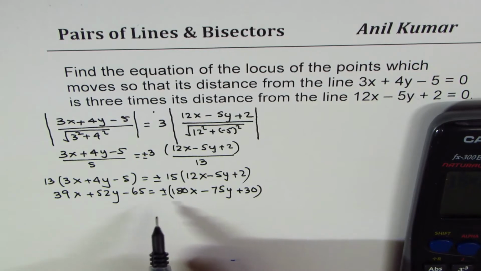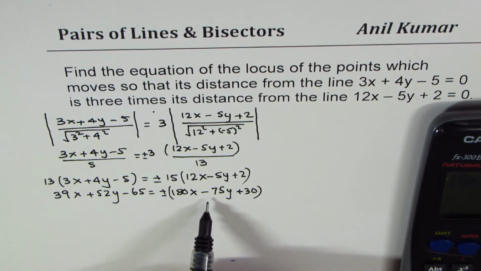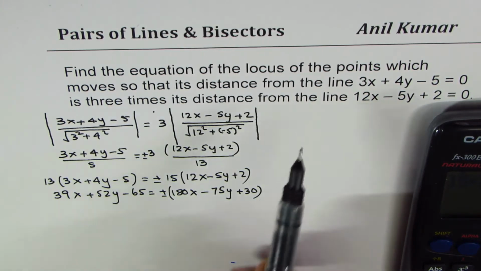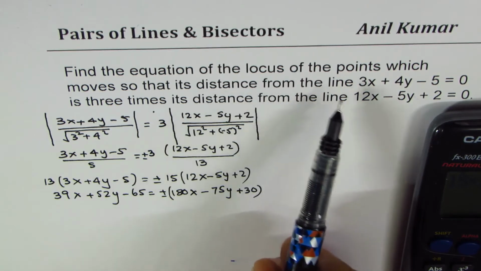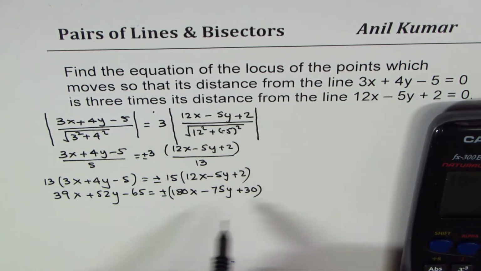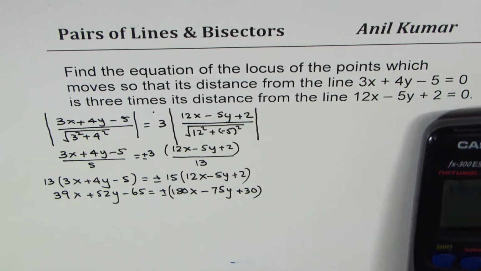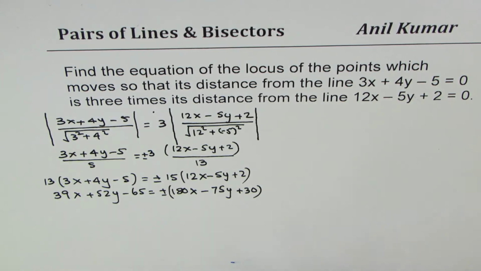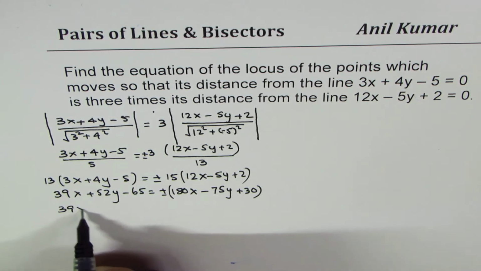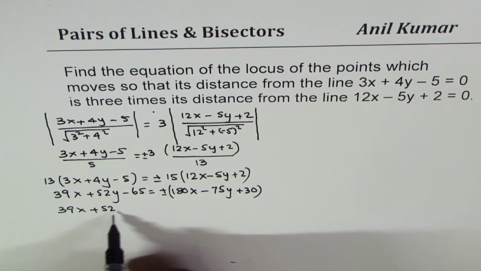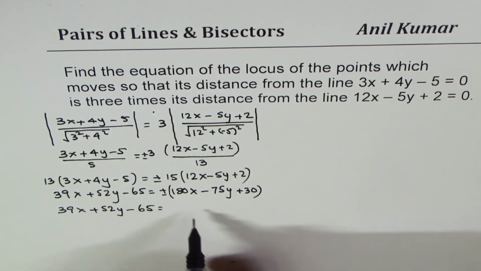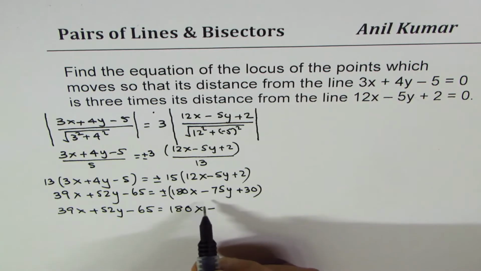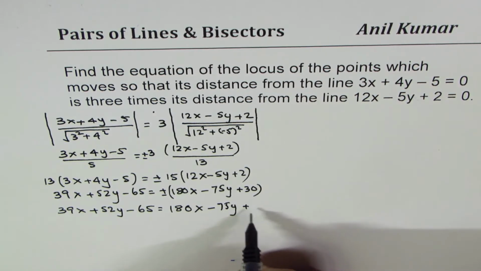Okay. So from here, we can actually get 2 equations, and these are the 2 required lines which will have the points which are 3 times the distance from one, as given in the question. So let's write one as 39x plus 52y minus 65 equals, with the plus sign, 180x minus 75y plus 30.